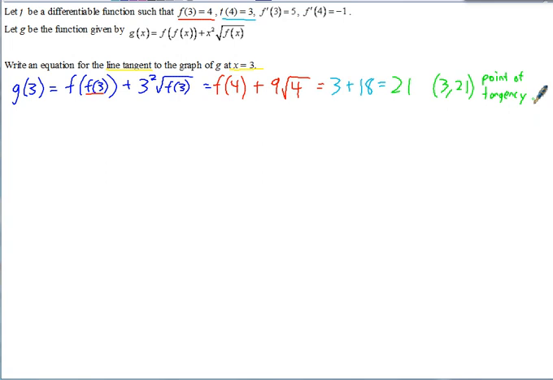Now the second thing we need for the tangent line is the slope, and that comes from the derivative. Before we take the derivative, I'm just going to rewrite this a little bit up at the top. So we've got f of f of x, and notice there's a plus, which means we can take the derivative separately.